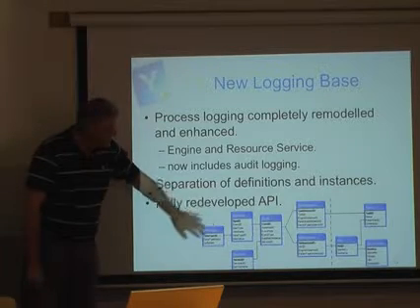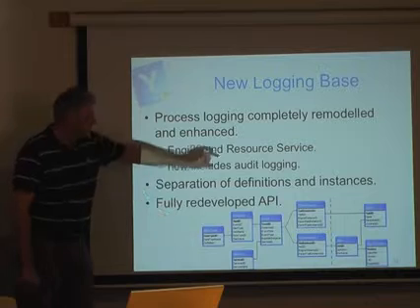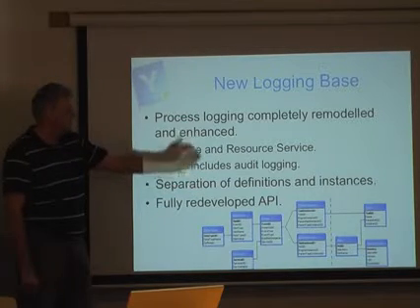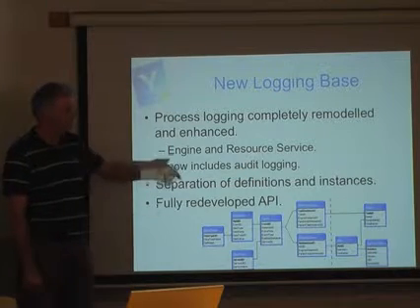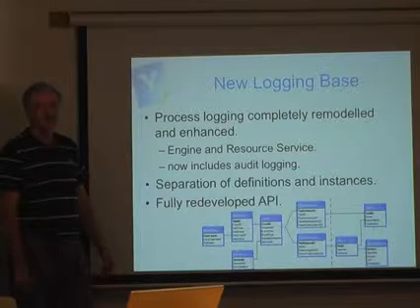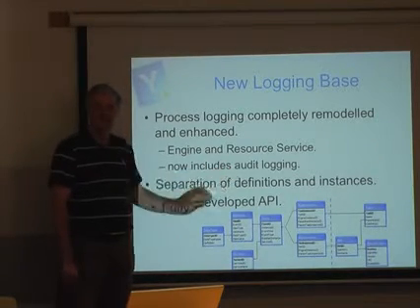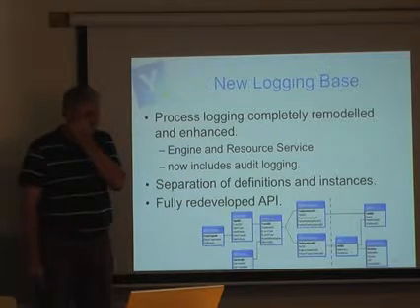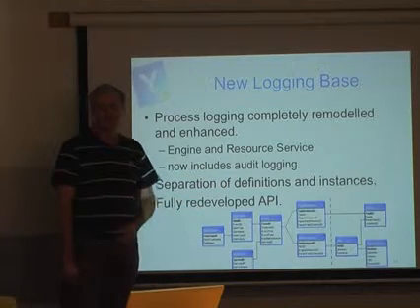log. You can see in this schematic of the process logs, there's now a distinction between definitions of objects like tasks and nets and actual instances of them. In the old framework, those ideas were mixed. So the same table would have task definitions and instances of that task.